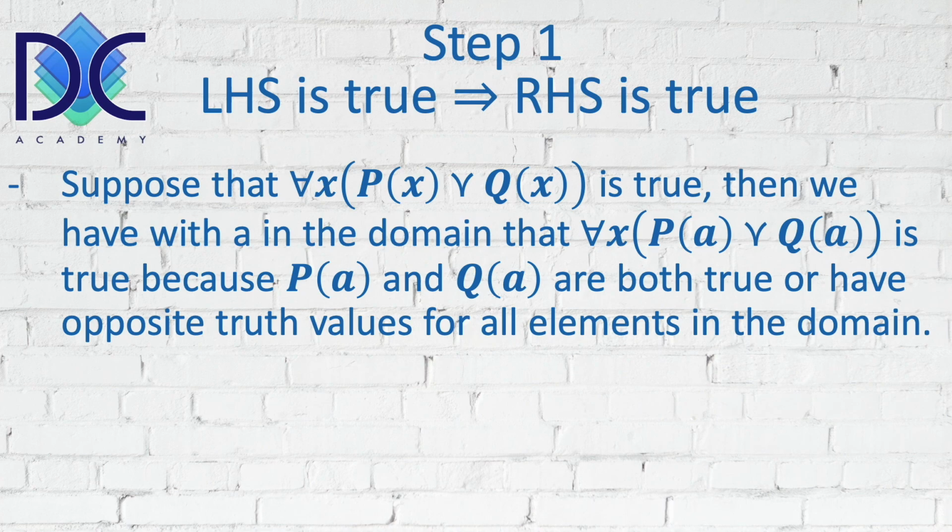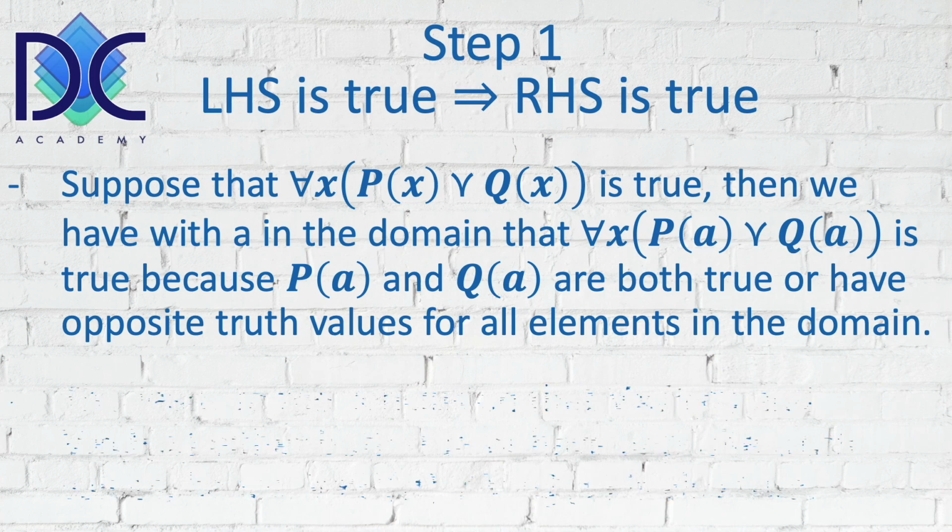When p(a) and q(a) have opposite truth values, true or false, it doesn't matter, p(a) or q(a) is also true. And when p(a) and q(a) are both false, they in fact lead to a disjunction with a false truth value.